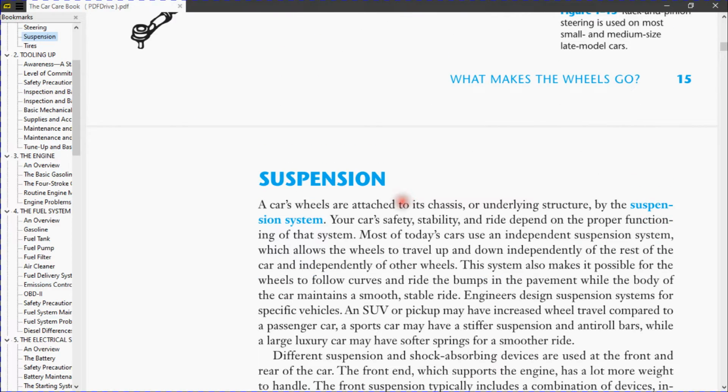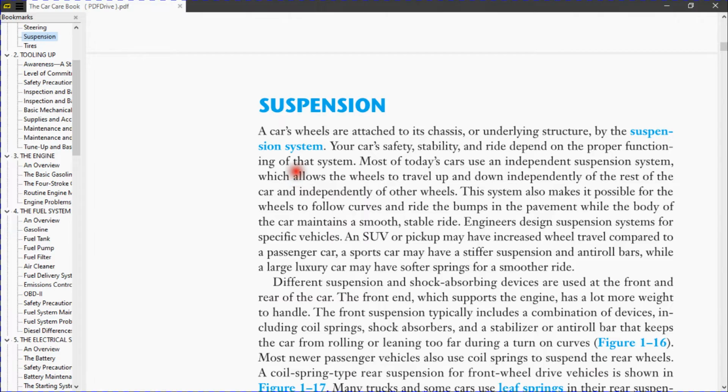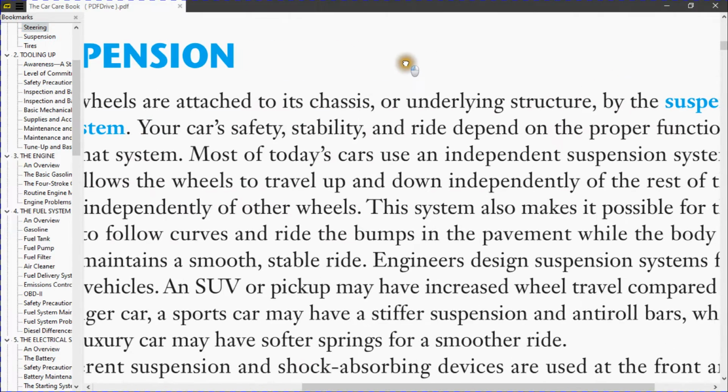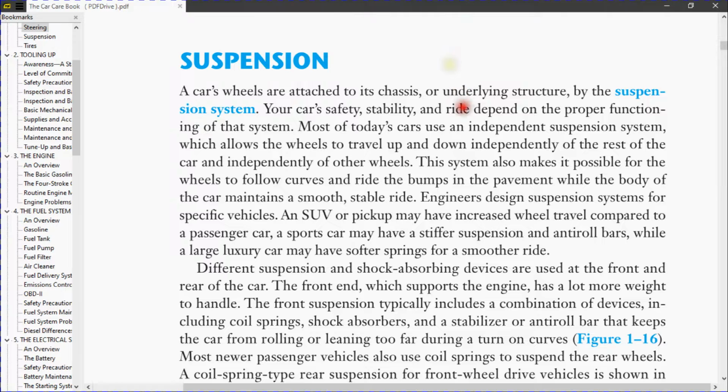So a car's wheels are attached to its chassis, or underlying structure, by the suspension system. Your car's safety, stability, and ride depend on the proper functioning of the system.